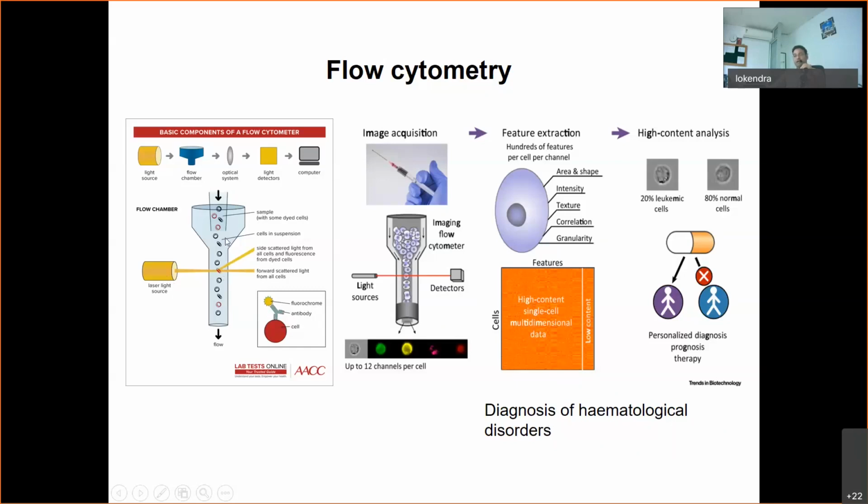So one cell at a time having a specific tag on it can be detected. This is basically flow cytometry based on fluorescence properties.